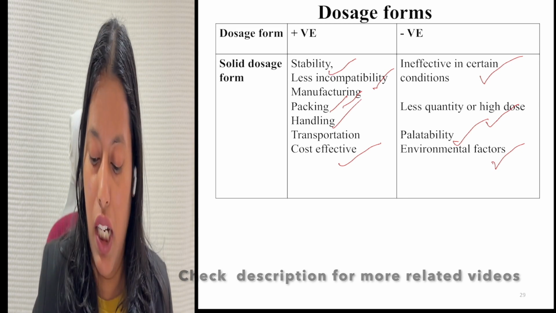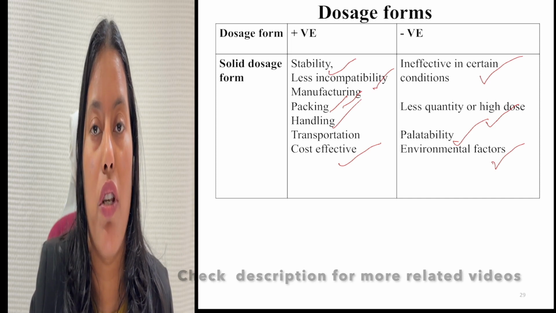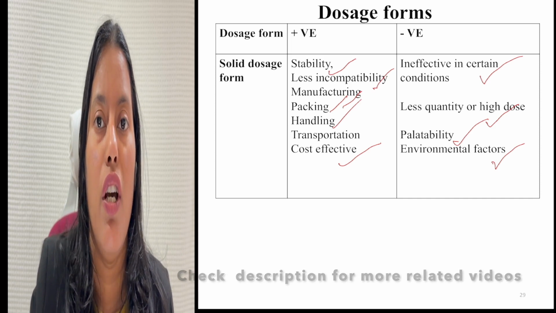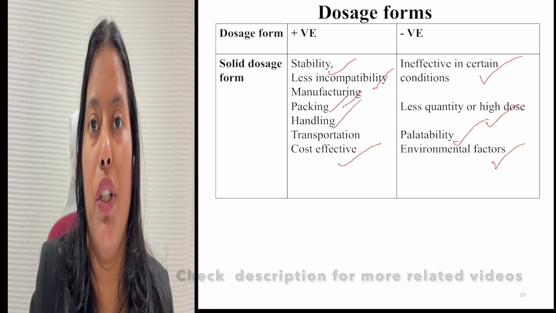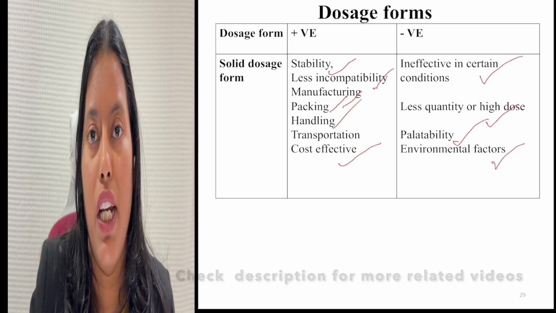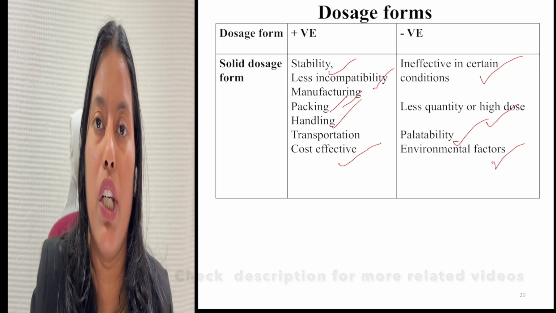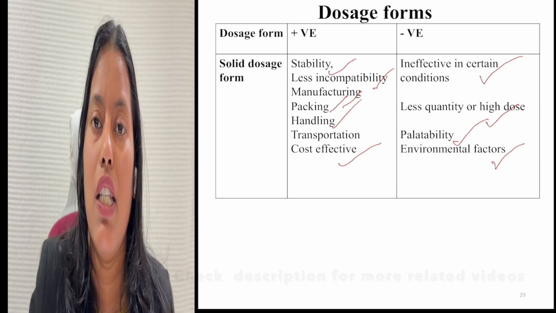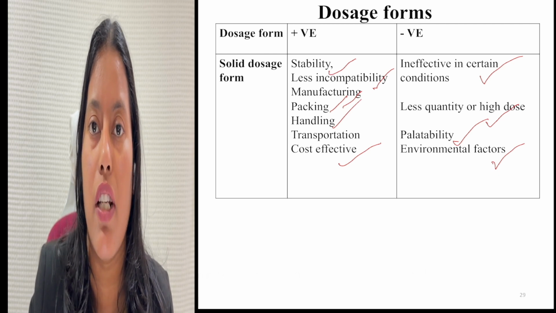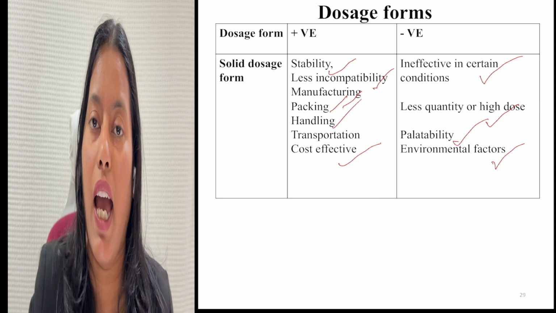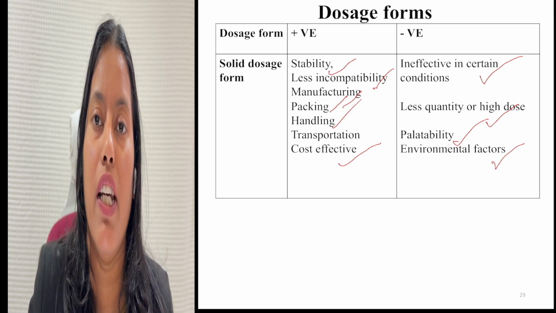As for environmental factors, the drug may undergo hydrolysis, oxidation, or photodegradation, which may affect the stability of the drug. So you may need some coating of the formulation or proper storage to avoid instability or degradation due to environmental factors.